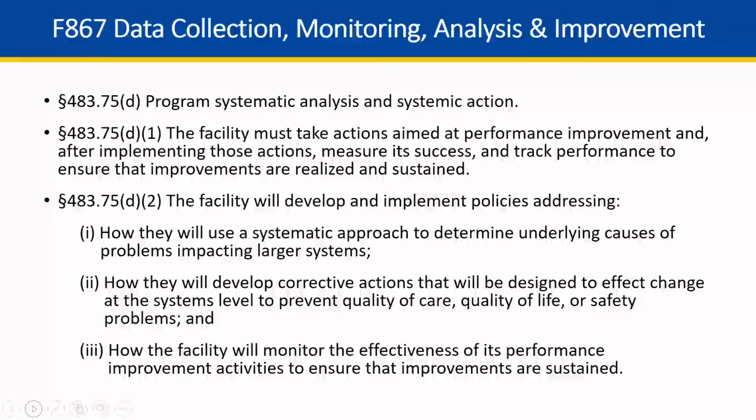Policies and procedures must also address how the facility will develop corrective actions that will make changes at the systems level to prevent quality of care, quality of life, or safety problems, as well as how the facility will monitor the effectiveness of its performance improvement activities to ensure improvements are sustained.